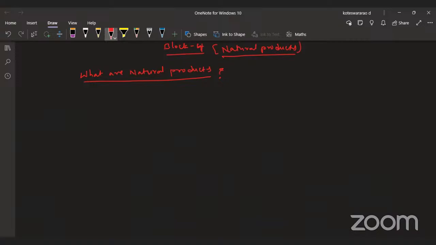So many compounds isolated from nature are utilized as drugs and for many applications in daily life. Now, first take the definition.